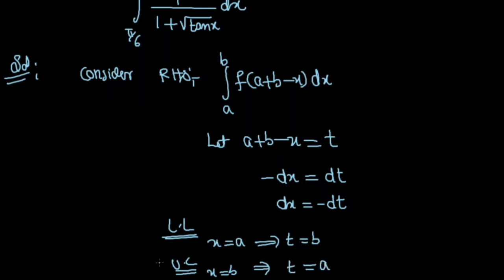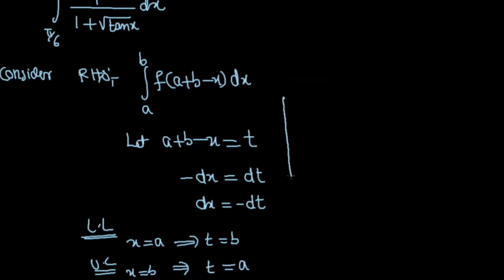Hence the limits got changed. So from here we can say integration, lower limit is b to a. In the place of a plus b minus x, substitute t. In the place of dx we can substitute minus dt, okay? So I'm writing minus outside. Because of minus, we can change the limits: lower limit b, upper limit a is there.